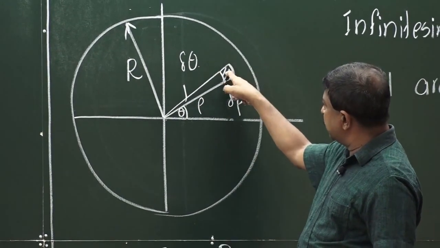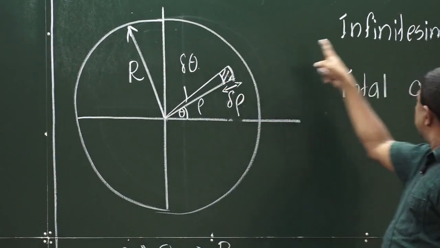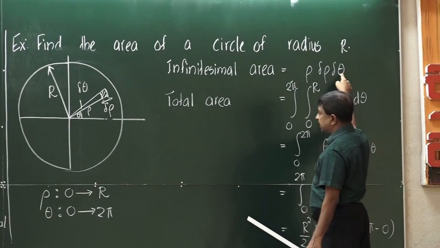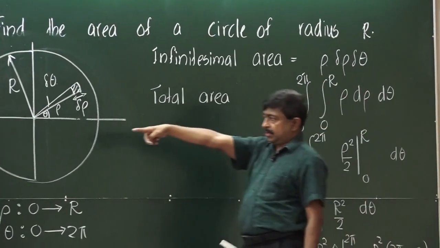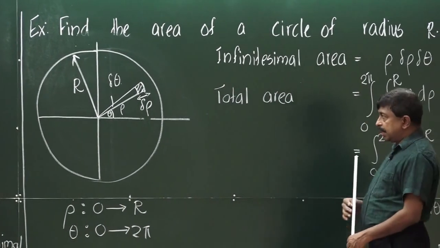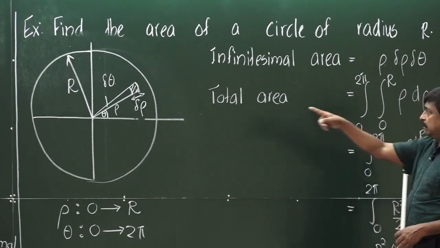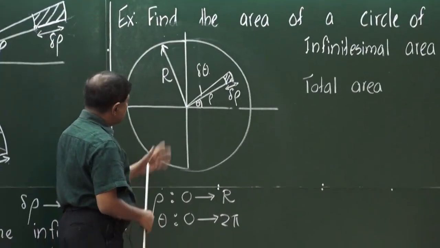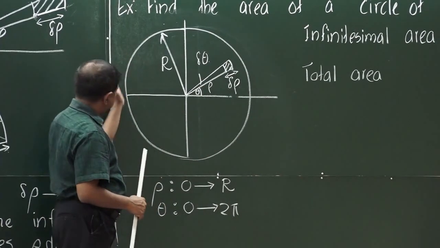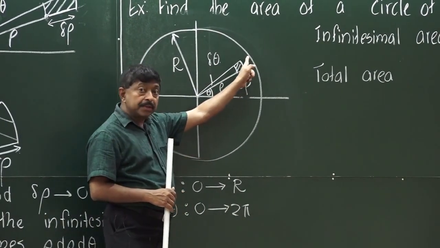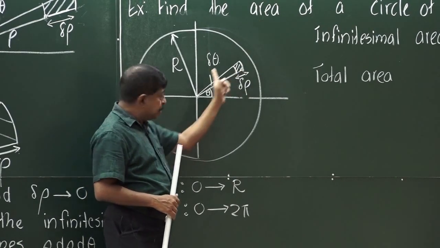We know that the area of the infinitesimal element is rho d rho d theta. As I explained earlier, that is the infinitesimal area of that element. Now, you can see that when you move inside this circle, the maximum distance you can achieve is r, minimum is 0.